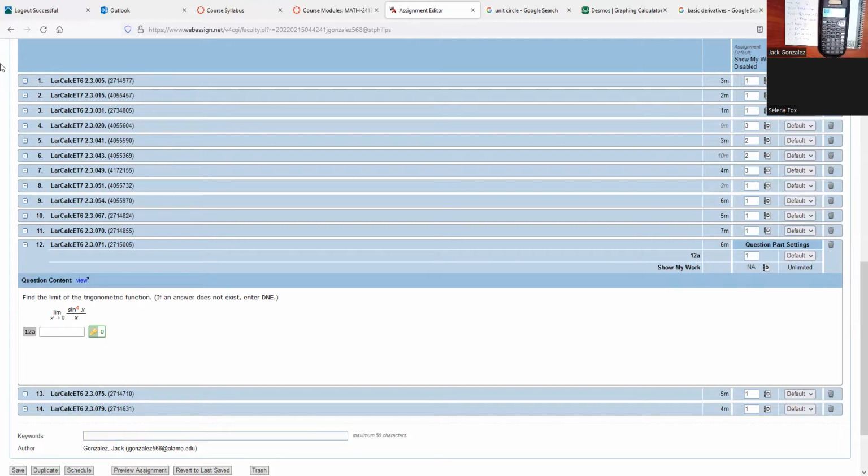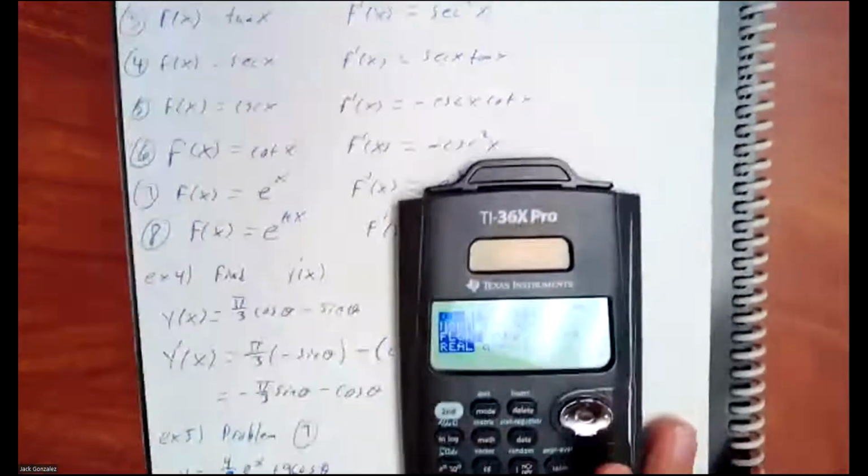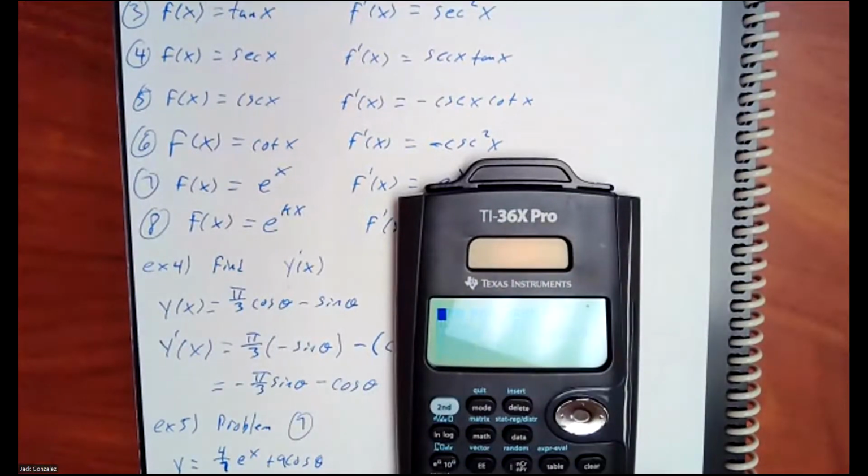For example, on a unit circle. Before we get to that problem, let's make sure we're comfortable with powers, right? So sine of 30 degrees is 1/2, right?